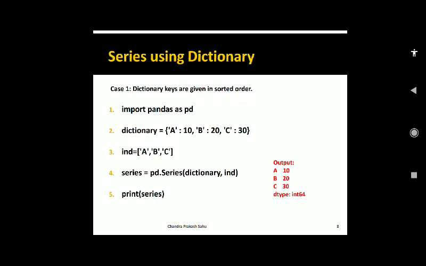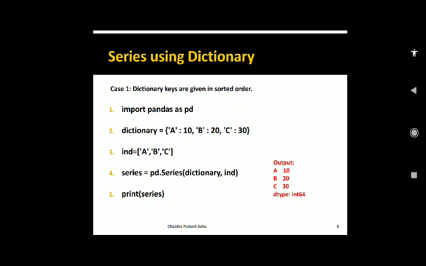At line 3 an index list is created, a list of three values a, b, c, and this list has been used as the index, while the dictionary has been used as values in line number 4 in the series function. The series function has been passed two parameters, the dictionary and the list ind.